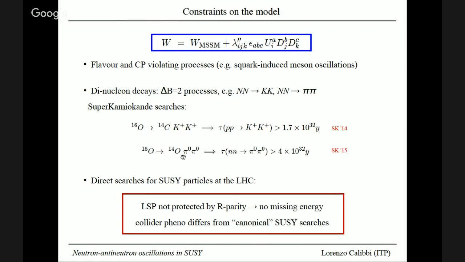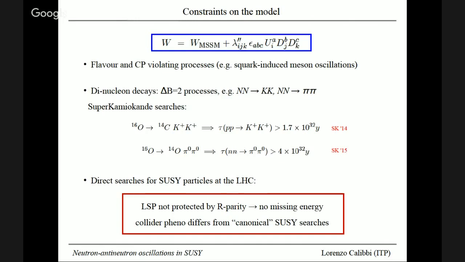These kinds of processes have been searched for by Super-Kamiokande, observing possible decays, of course, of oxygen nuclei, and they can be translated into lifetimes of diprotons or dineutrons, again of the order of 10 to the 32 years. So these processes can set relevant constraints on the parameter space.